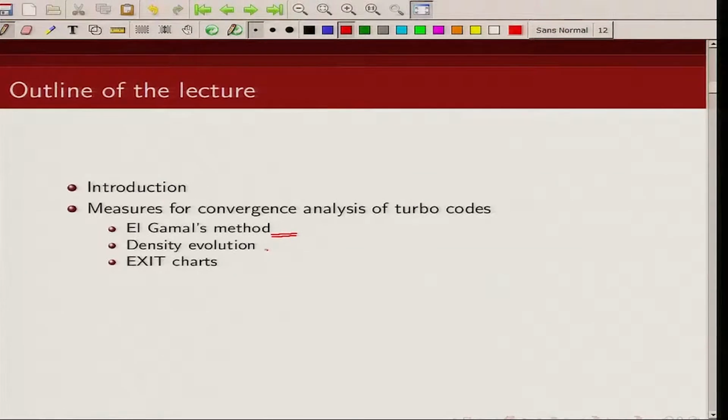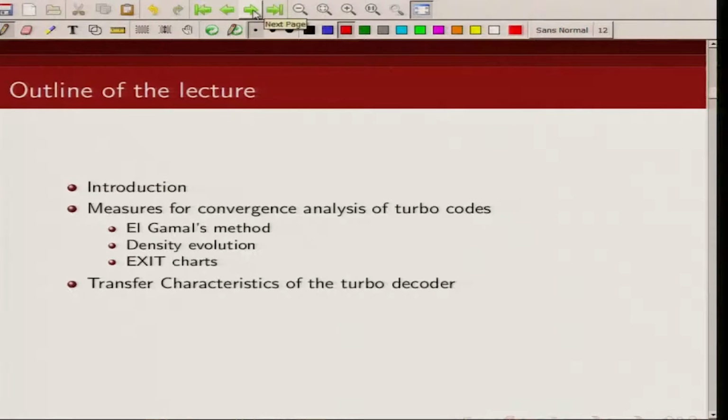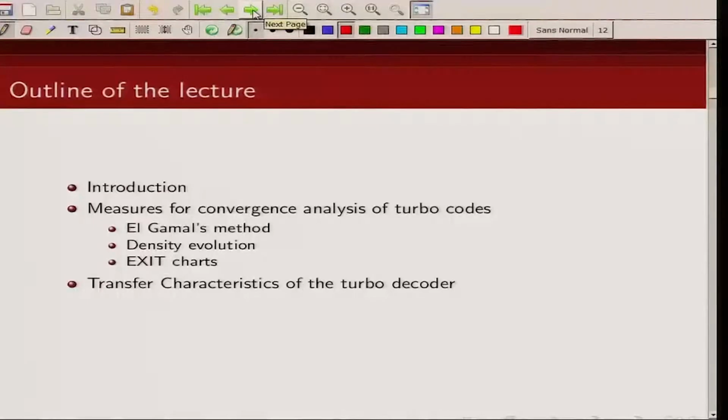Next we will talk about a method which is proposed by Divsalar and others using density evolution, and then a method which is based on mutual information, tracking mutual information, proposed by Ten Brink. And then we will talk about what do we mean by a transfer characteristic of a turbo decoder and how we can use it to compute the convergence threshold of a turbo code.